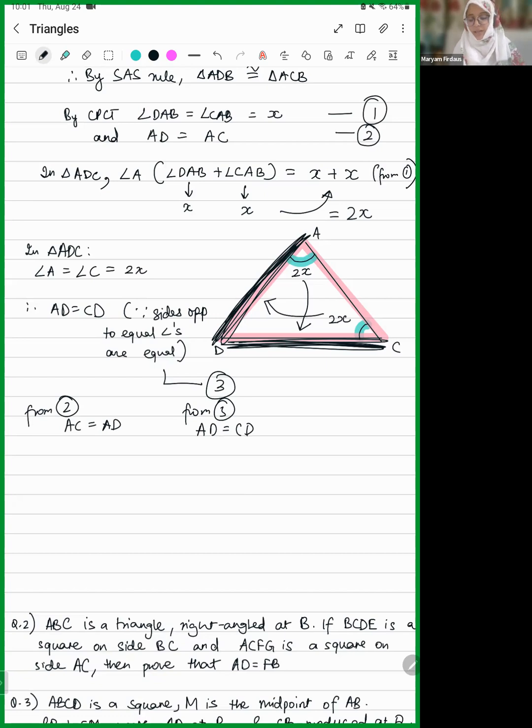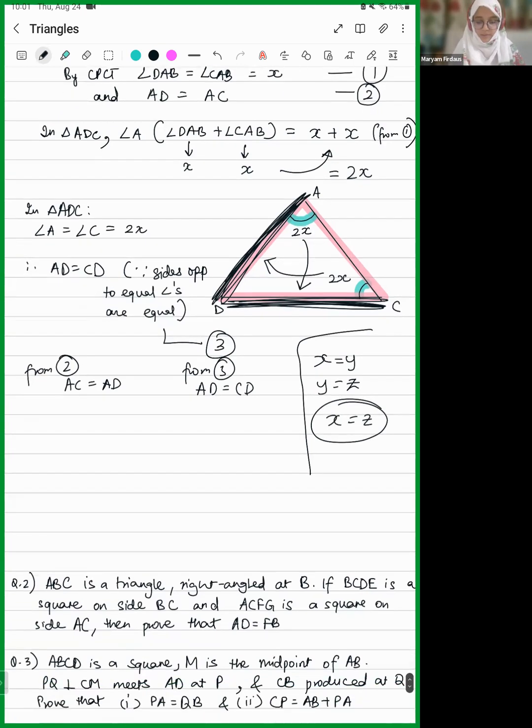So if I say X is equal to Y and Y is equal to Z, that means X is equal to Z, right? Yes. So from this and this, you can say that AC is equal to AD, which is in turn equal to CD.